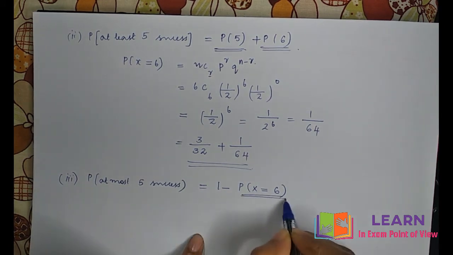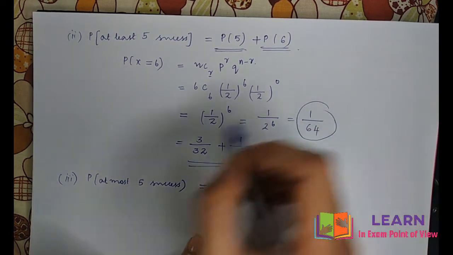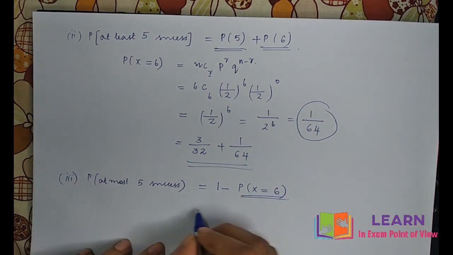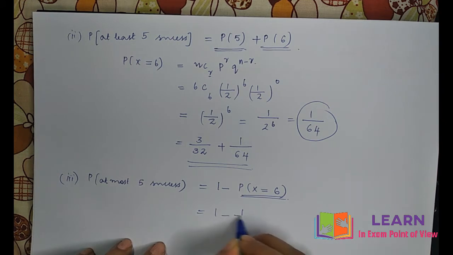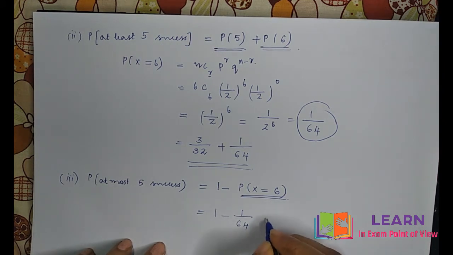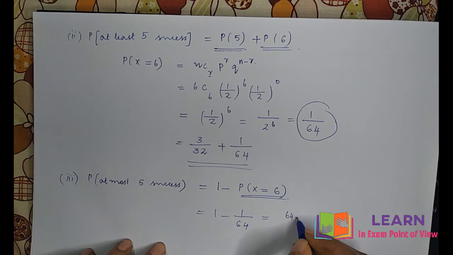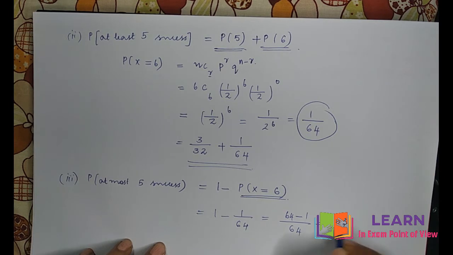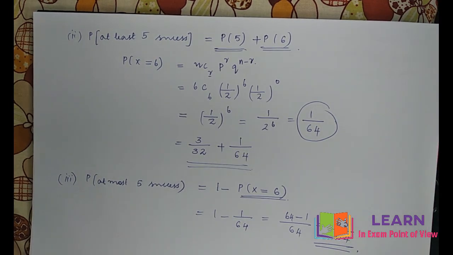P of x equal to 6, we already got it as 1 by 64, right? That is 1 minus 1 by 64. Cross multiply, 64 minus 1 by 64 will come. That is 63 by 64 will be the answer. Clear, students? So similar question, one more we can try. Fine.